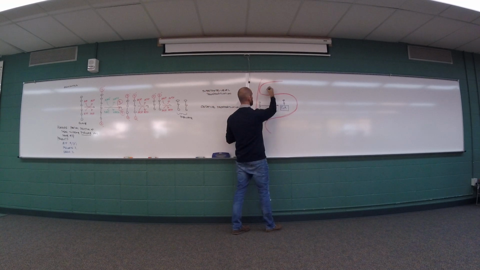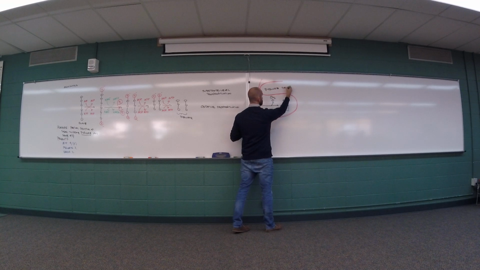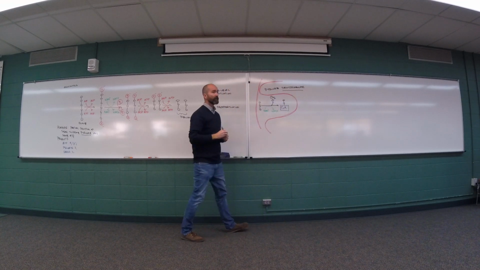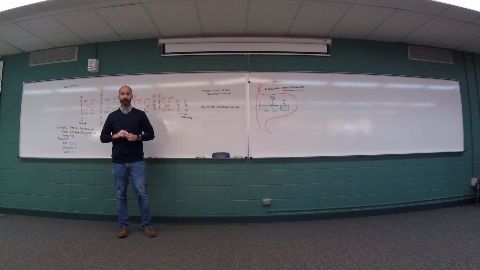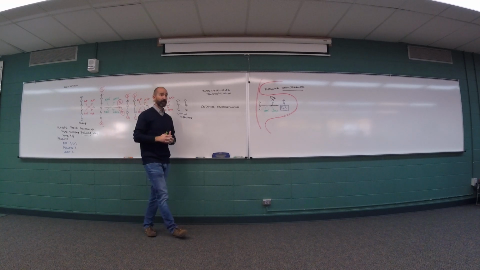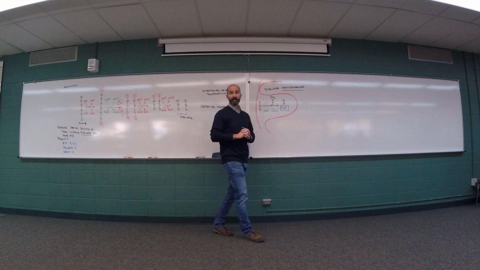And I will write that right here. Pyruvate dehydrogenase. Now the reason that that's an important enzyme is because this is the enzyme that I was referring to when we talked about feedback inhibition.